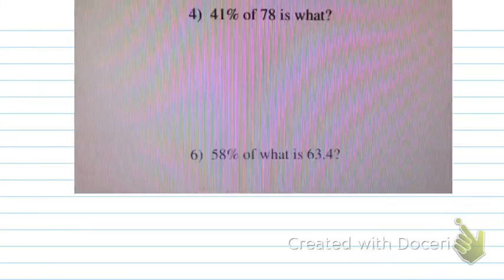All right, number 6. Here's the next one I want to look at with you. I'm going to have Amelia help me identify. What's the percentage, Amelia? 58. Okay, so that's the percentage. What's the whole? So the whole is the question.